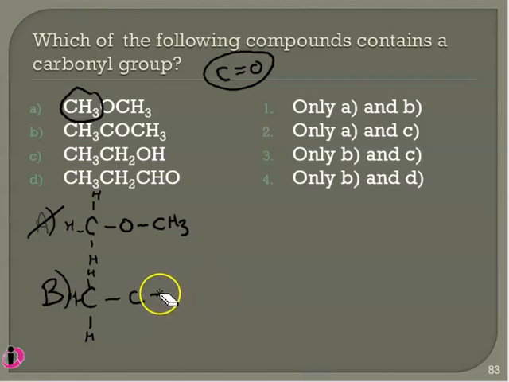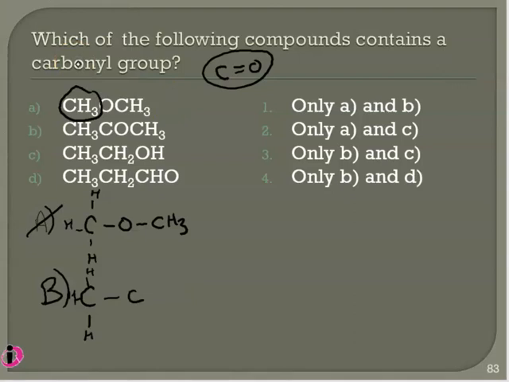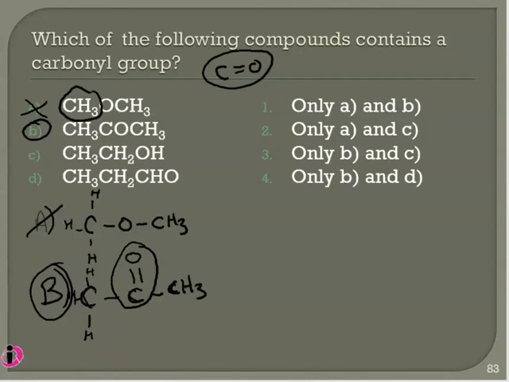What I'm going to do is fix this, and if I create a carbonyl group here, now this carbon has 1, 2, 3 bonds, and now we attach it to this other CH3 group. Now this carbon has 4 bonds, this carbon has 4 bonds, this carbon has 4 bonds, so we're matching how many bonds they like to have. And we've made a carbonyl group. So yes, B is going to be one that has a carbonyl group.